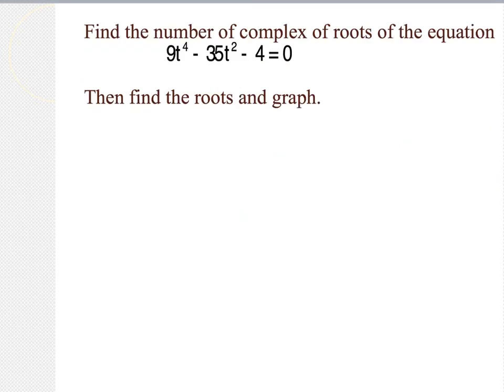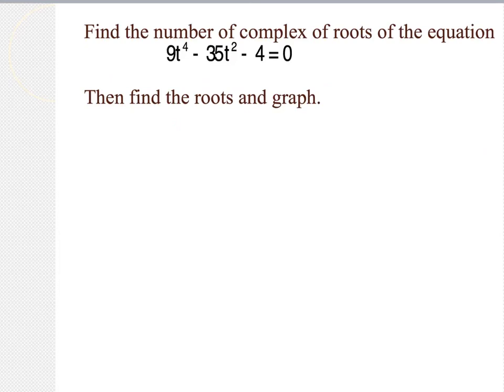Now another example that you might encounter is when they'd ask you to find the number of complex roots of the equation. Here it would be 9t to the 4 minus 35t squared minus 4 equals 0. Then they might want you to find the roots and graph the function.